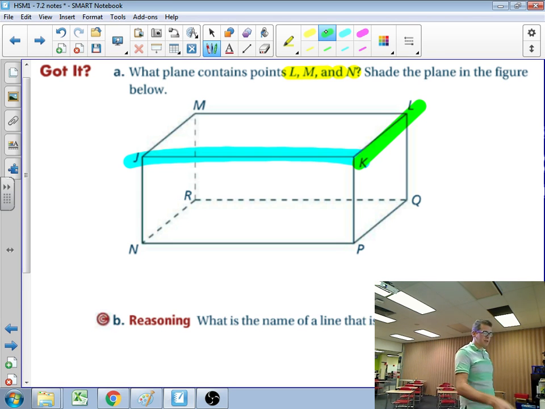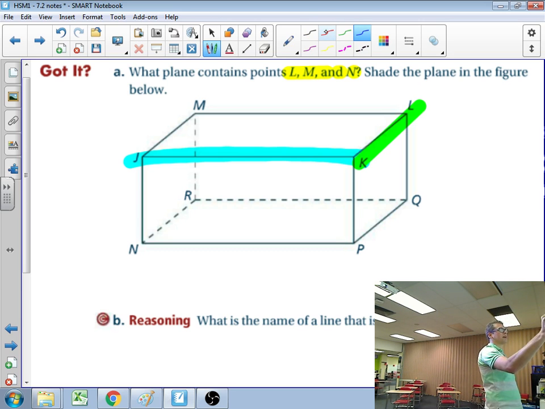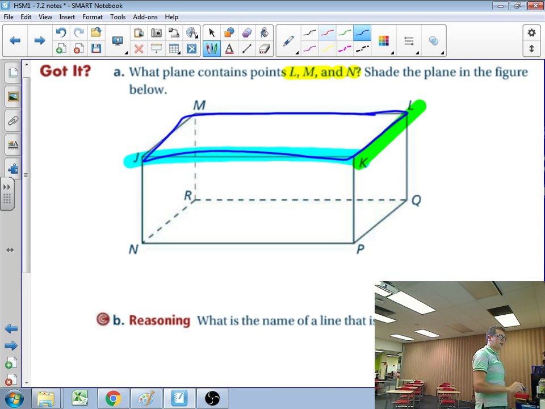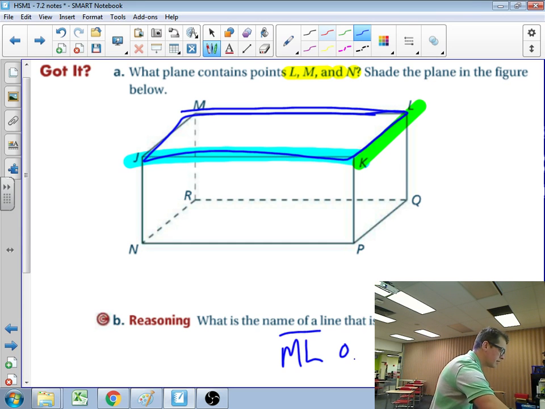If we make a plane out of JK and KL, we can see from our image here that we really can just look at the plane that is created by the top of the box. So we could just say ML. That back line right here is going to be coplanar. Or we could say MJ, and that would also be coplanar with JK and KL. So it's all about just look at it, see what we're really dealing with, and from there it normally kind of works itself out because we can see it.